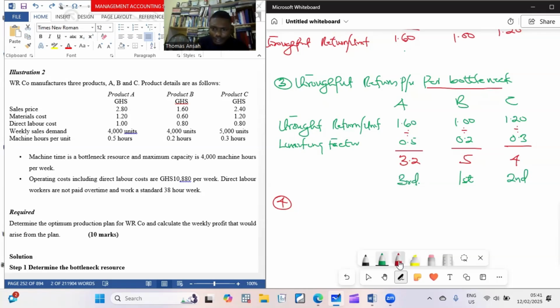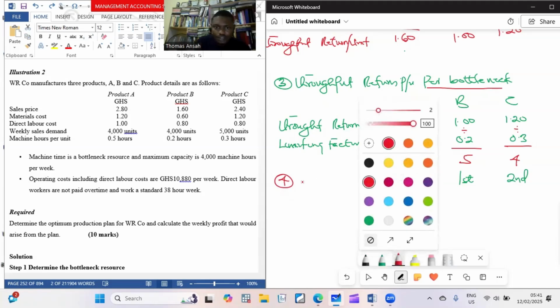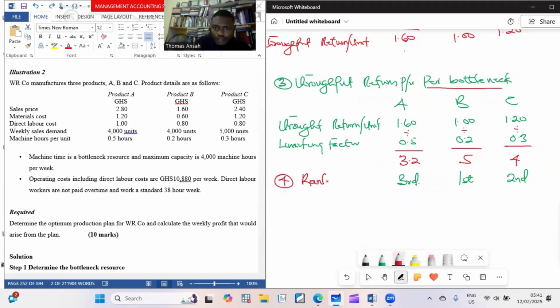That is the ranking. You can actually combine step 4 with step 3. Pen is freezing again, so let's just write here, ranking. Now the last thing is for us to allocate the resources as per the ranking.